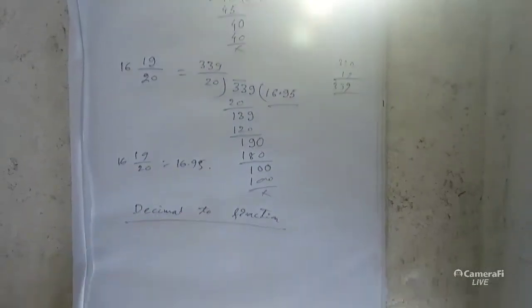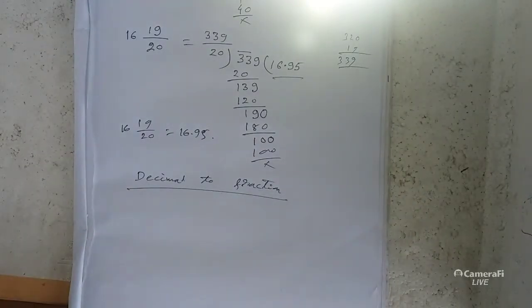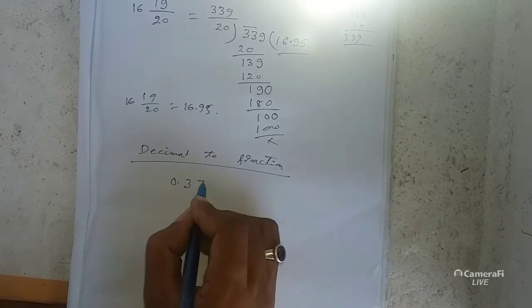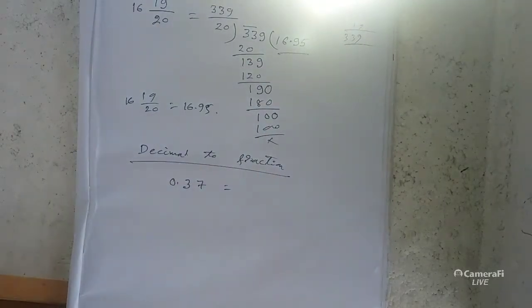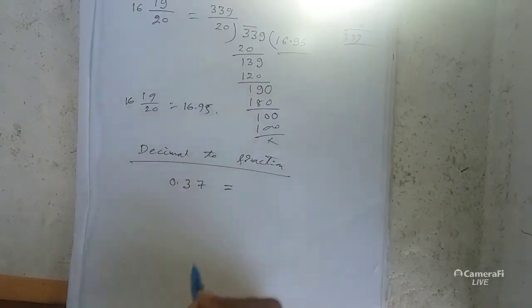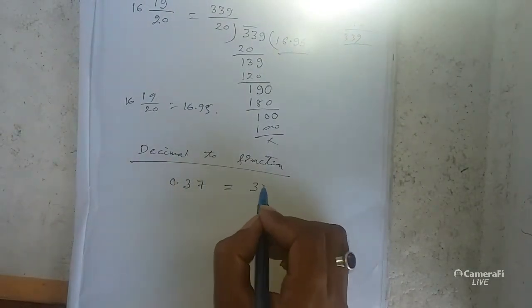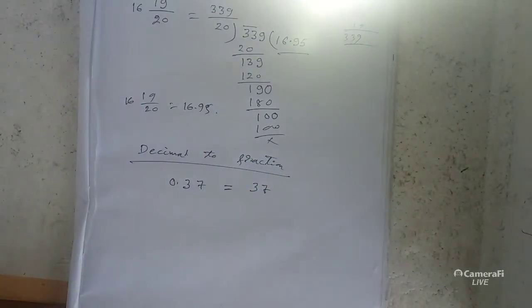It is more easy. Suppose the decimal number is 0.37. Okay. So, see what is the number 0.37. First remove the decimal, take the whole number, we get 37, which will be the numerator.